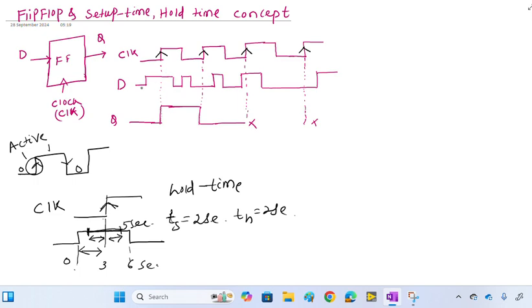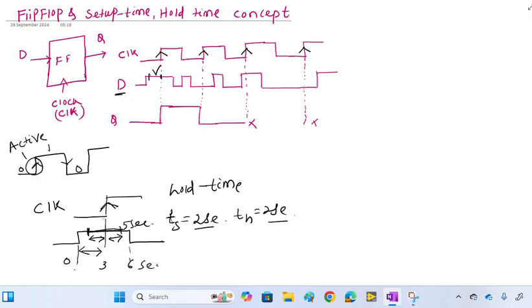Now come to here. This is the data given. At this point it sees a positive edge. Let us consider, as I explained, TS and TH as 2 seconds. So for 2 seconds before the edge, the data must be constant.